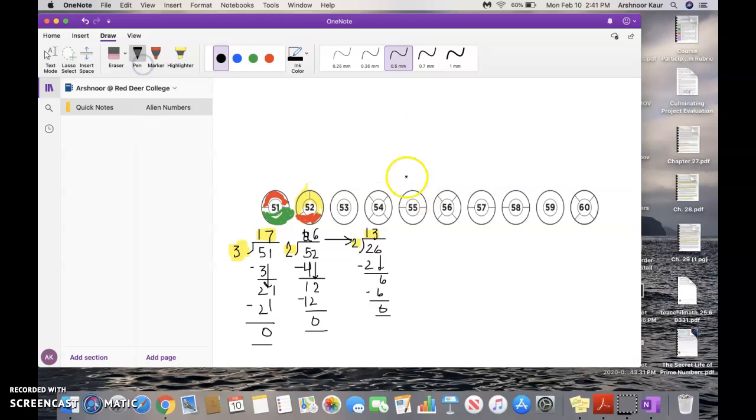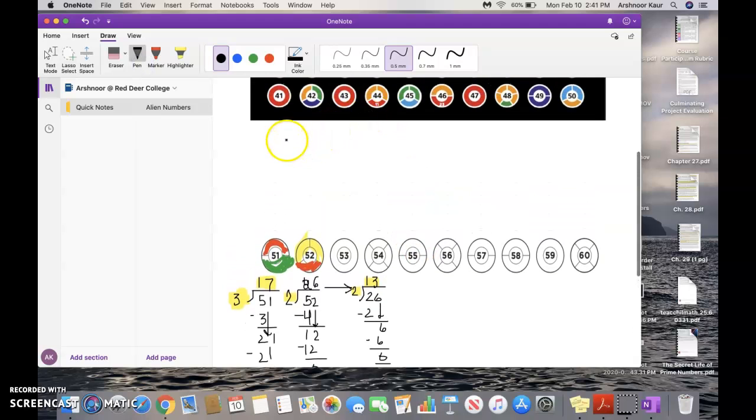Moving on to 53, I'll write 53 up here just because of space. Let's see if it works with 3. 3 times 1 is 3. Okay, subtract, and I get 23. How many times can 3 go into 23?